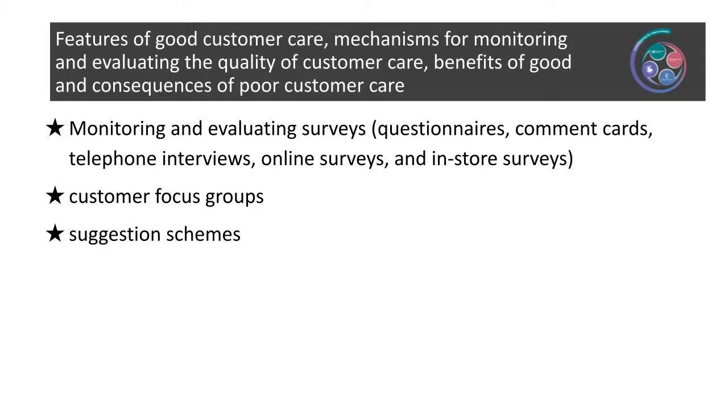So, what's the structure of a customer focus group and what's the purpose of it? How is that going to benefit the organization? How does that mechanism help an organization improve? And the organization may also wish to consider using suggestion schemes. So, what is a suggestion scheme and how is it going to improve the outcomes for the organization that's implementing it?